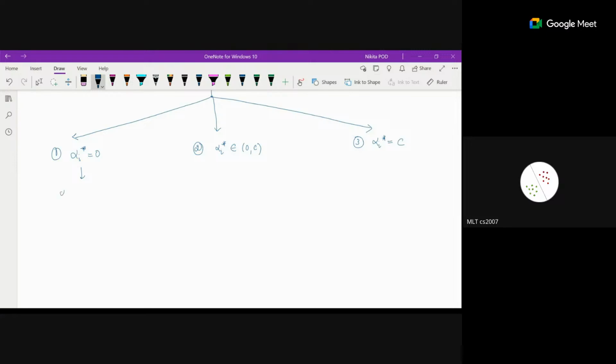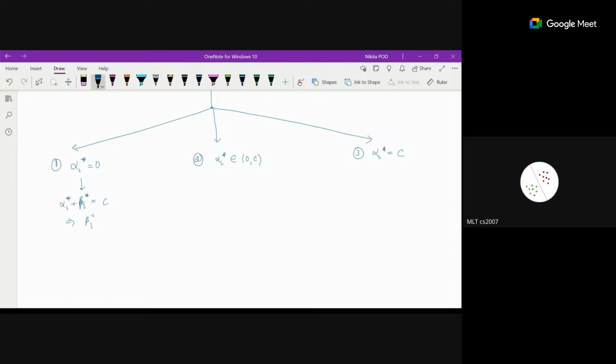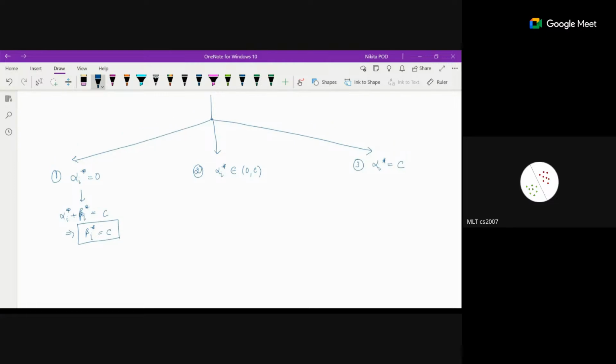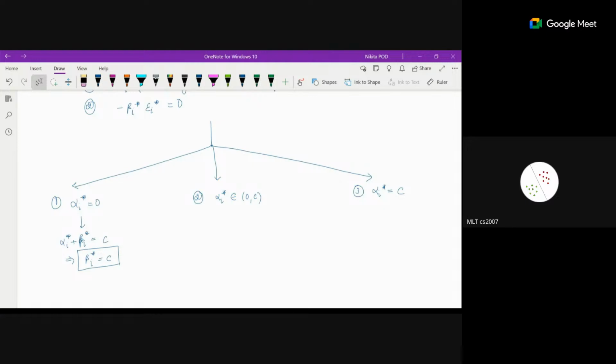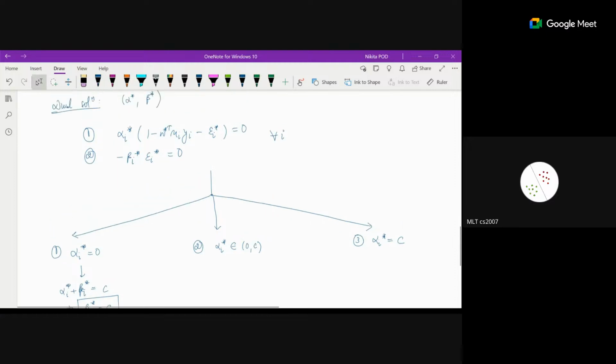I know that my alpha I plus beta I should be equal to C. So if I'm assuming that my alpha I star is equal to 0, then since we're talking about the optimal point, my beta I star should be equal to C. Now from the complementary slackness condition, the second condition says that beta I star epsilon I star should be equal to 0.